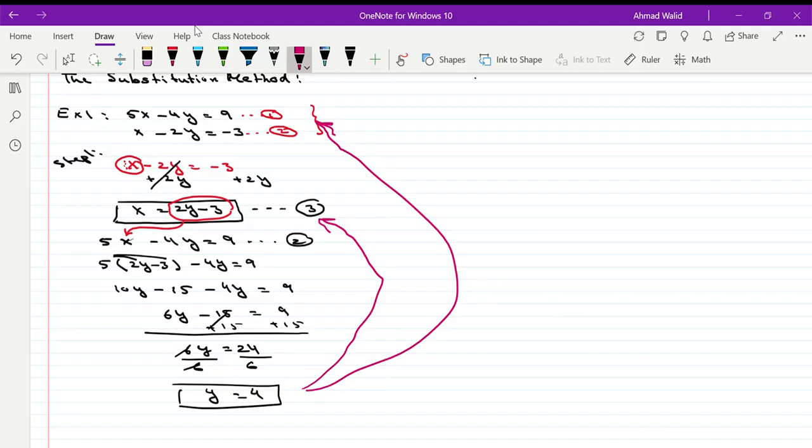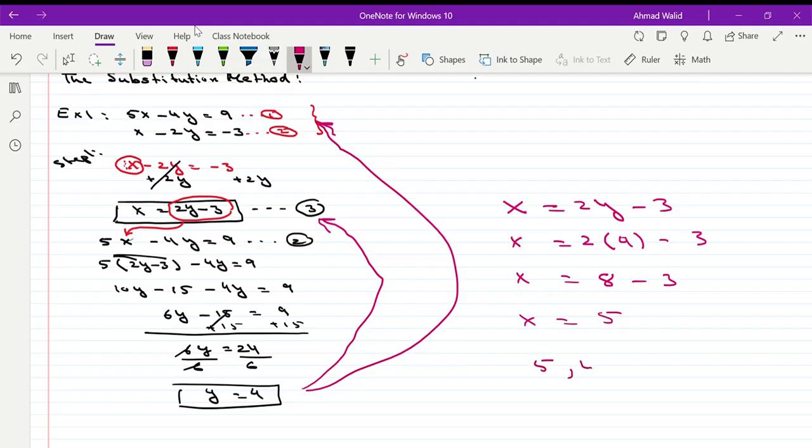You can plug it in number 1, solve it for x, or if you wish, you can plug it in number 2, solve it for x, or for me, it's easy to plug it in number 3 because I already have x equals 2y minus 3. I'll just plug in the value of y here. Then x equals 2 times y, which is 4, minus 3. x equals 2 times 4, 8. Minus 3, x equals 5. It means the solution for this system is 5, 4.